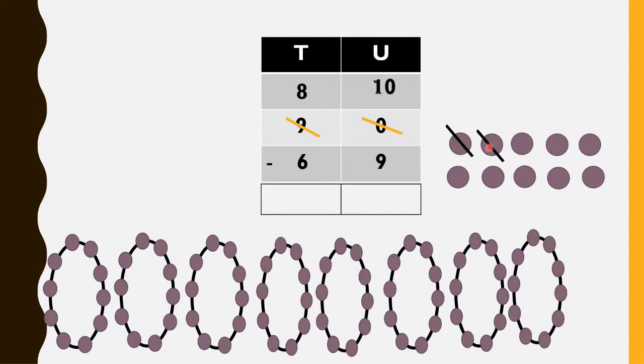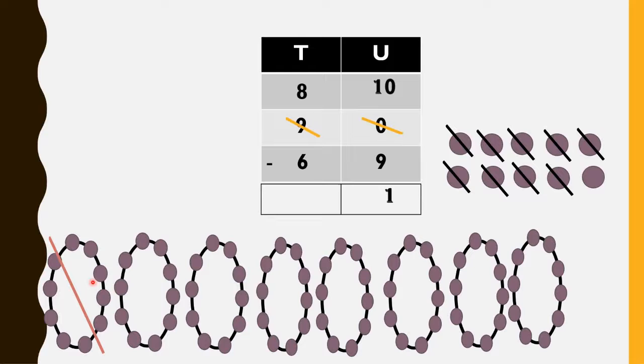1, 2, 3, 4, 5, 6, 7, 8 and 9. So what is the answer, student? 1. Very good. Now in the tens place there are 8 tens and we have to subtract 6. So 6 we are going to cut.